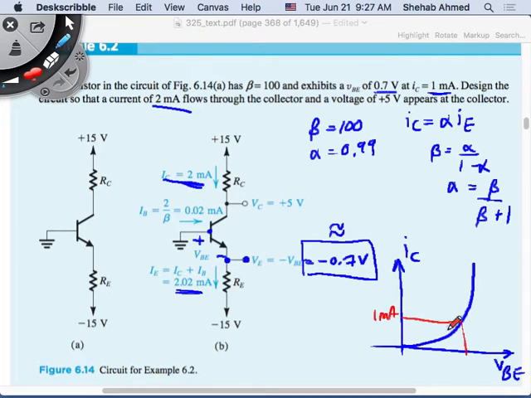And we have another operating point, 2 milliamps, right? 2 milliamps flowing here results in another voltage. This voltage is what we want to put here. Do we see that? Okay.